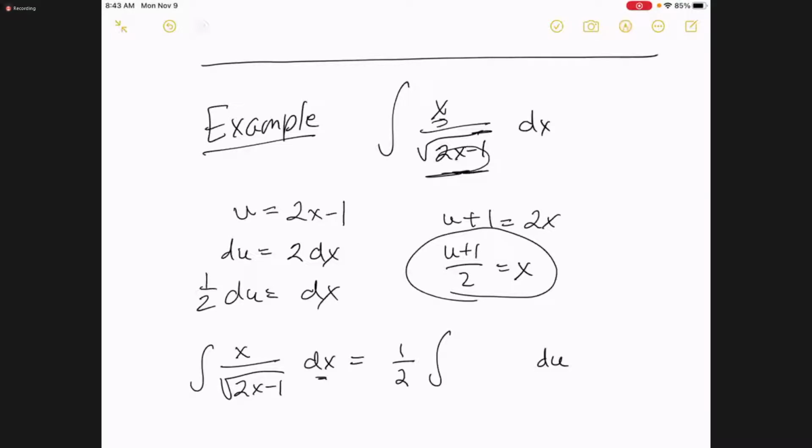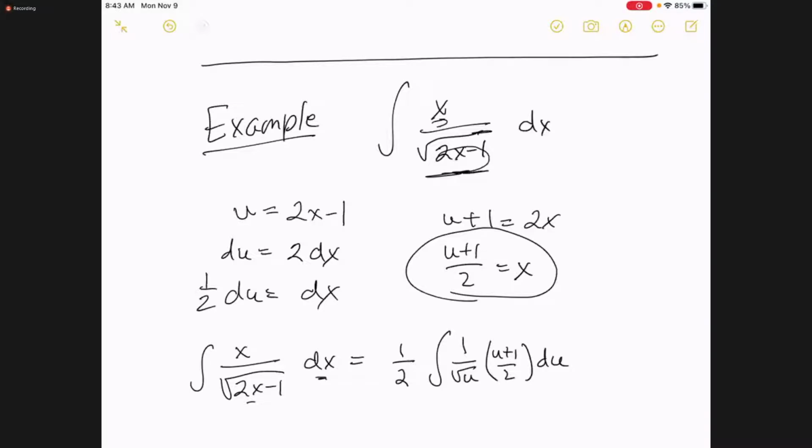I'm allowed to do that. 1 over the square root now becomes 1 over the square root of u, and I've got to replace that x. It's u plus 1 over 2. So everything has been replaced.